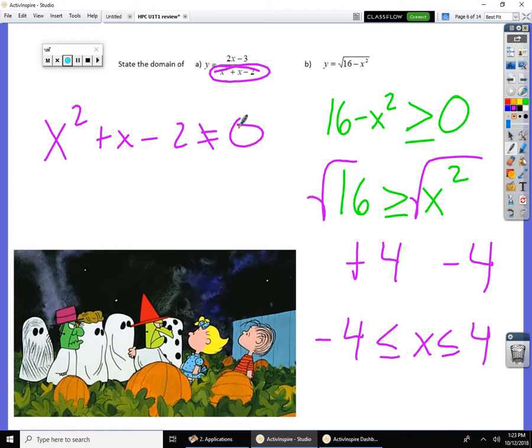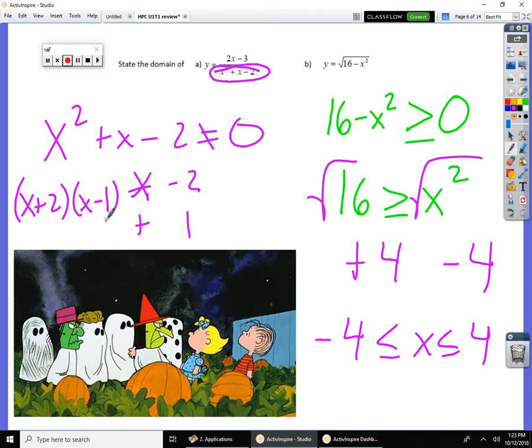How do I solve an x squared? No. Thank you. Factoring. This is an easy factoring because the lead coefficient is 1. So what are two numbers that multiply to negative 2 and add up to 1? Negative 1 and 2. So I have x plus 2, x minus 1.